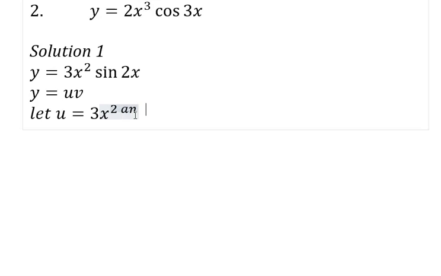And v equals sine 2x. Awesome. So if we say this 3x squared is u and this sine 2x is v, very good. So we can deal with them separately.